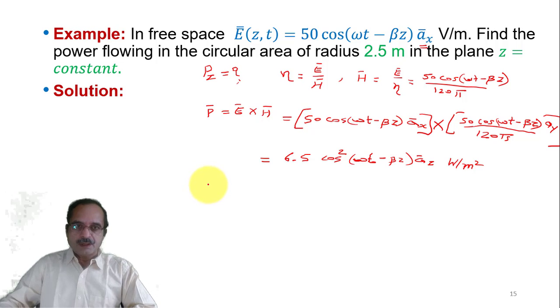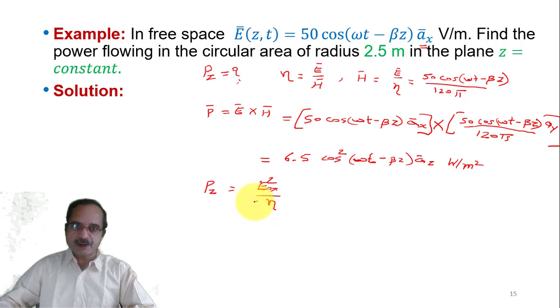Now the net power flow in the z direction will be E0x, the peak value of electric field intensity, squared, divided by twice eta.